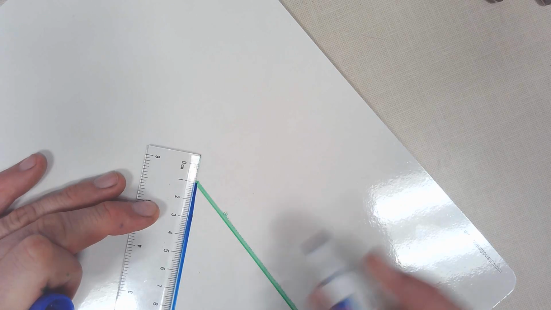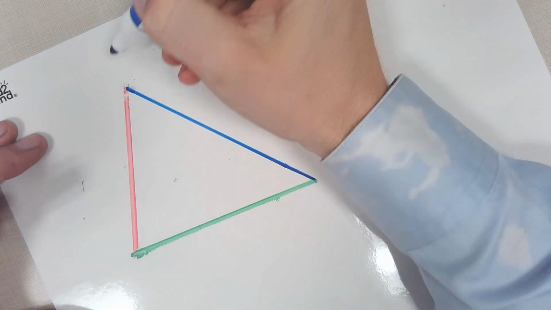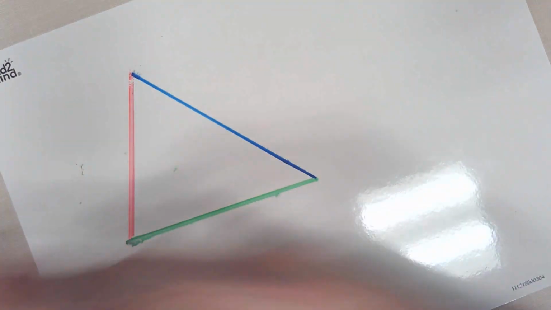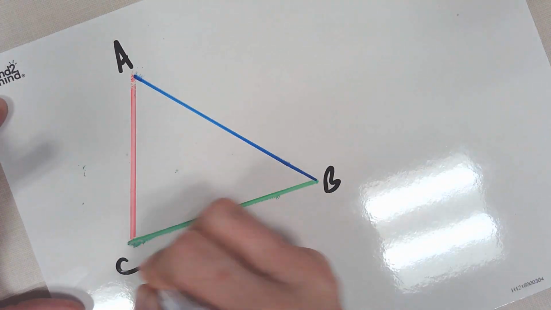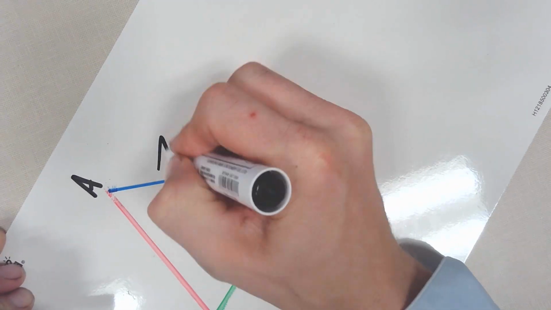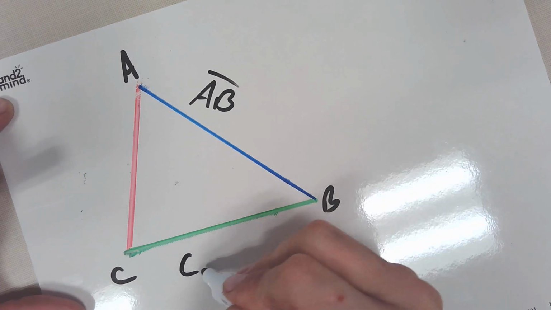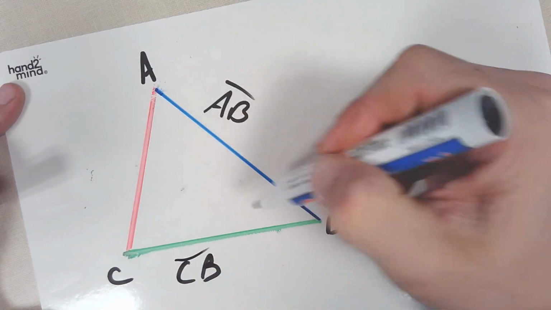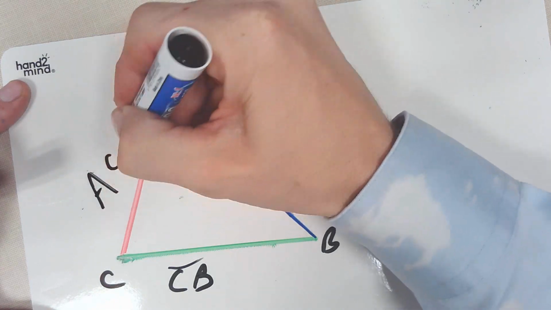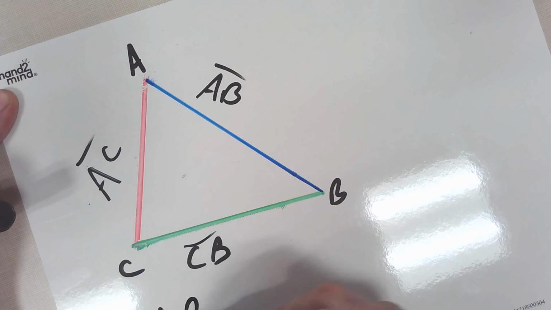Well, if I wanted this line segment blue, green, and red, and we'll say that this is triangle ABC. So my blue length is AB, my green length is CB, and my red length is AC, and this is triangle ABC.